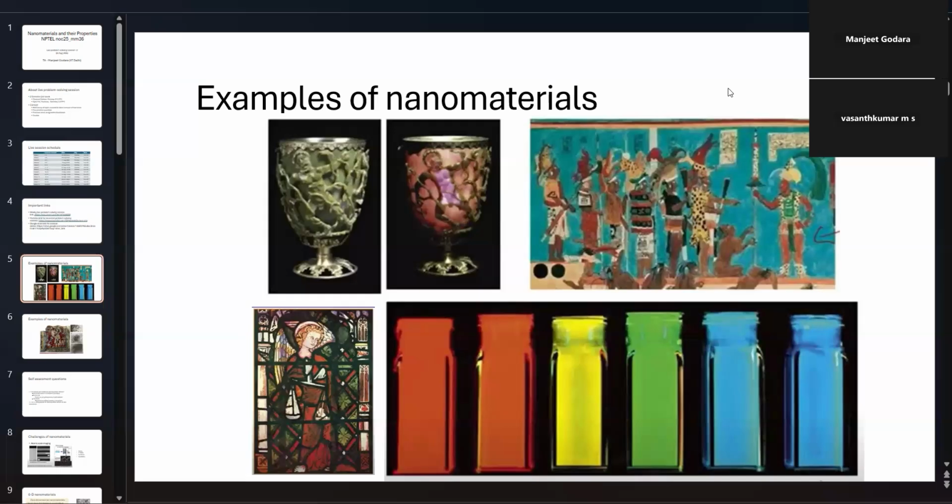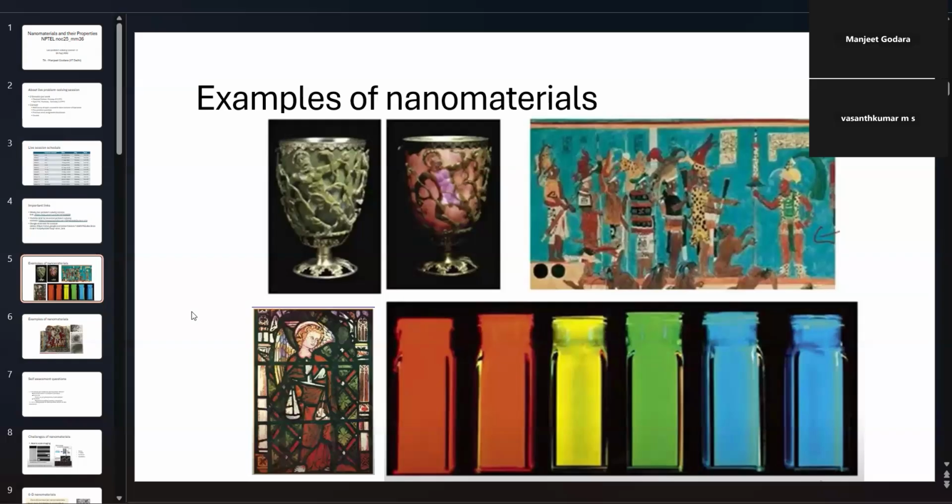Similarly, in ancient paintings, you will see different colors, like blue color, again due to nanoparticles. You see the glass, how they stain the glasses in the churches.